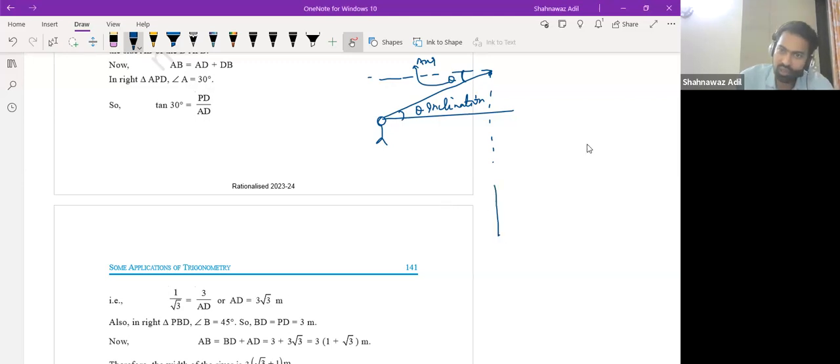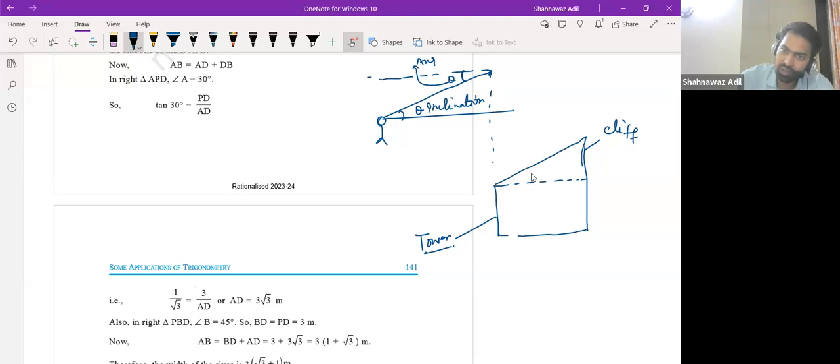So we have a cliff, right. So this is a cliff and this is a tower. So from the top of a cliff 20-meter high, the angle of elevation of the top of the tower is found to be equal to, so this is, let's say, theta, and equal to the angle of depression of the foot of the tower, right?